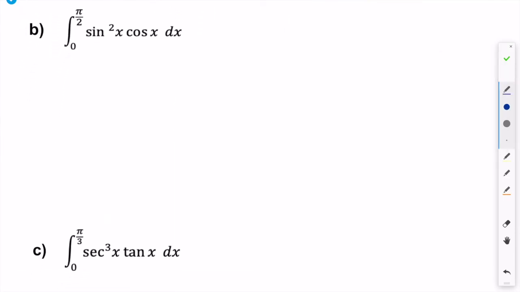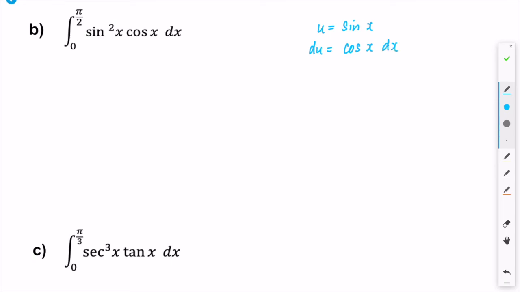Let's take a look at question B. So here I have the integral of sine squared x cos x dx from 0 to pi over 2. I'm going to let u be sine x. So now du is cos x dx.